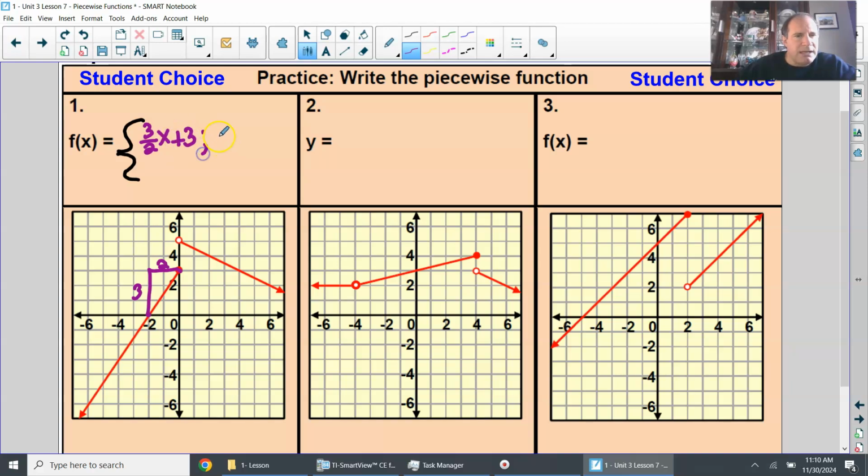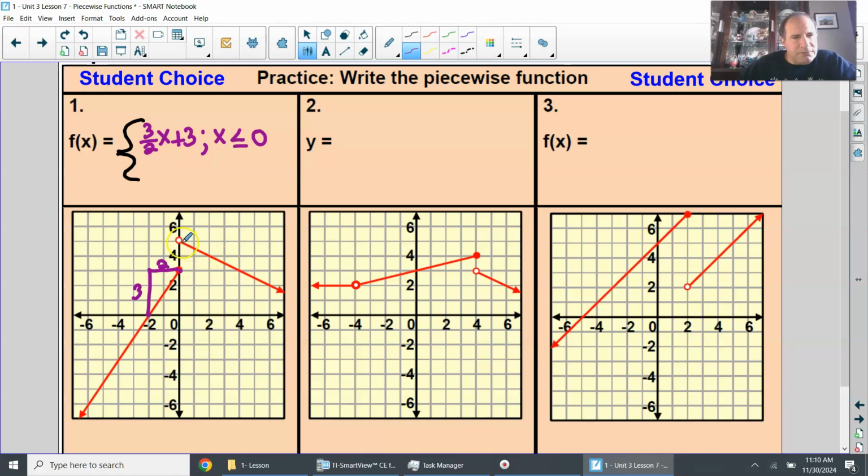And let's go ahead and do that domain. Since there's only one number circled, I know that is a single inequality. It goes from 0 to infinity. So that means x is less than or equal to 0 since it's a closed circle. For this one, we have a y-intercept of 5.